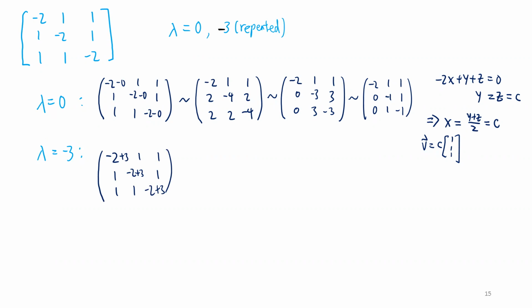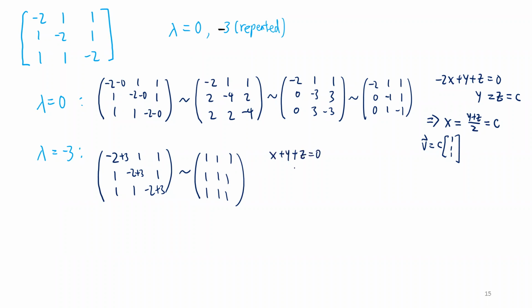Again with Gaussian elimination you realize that they are all 1, 1, 1. That means the three equations give you the same information: x plus y plus z equals 0.